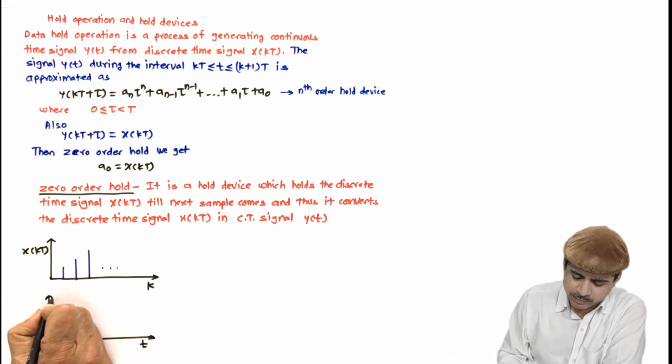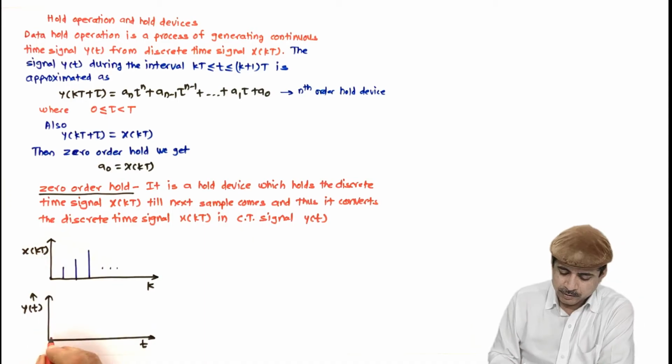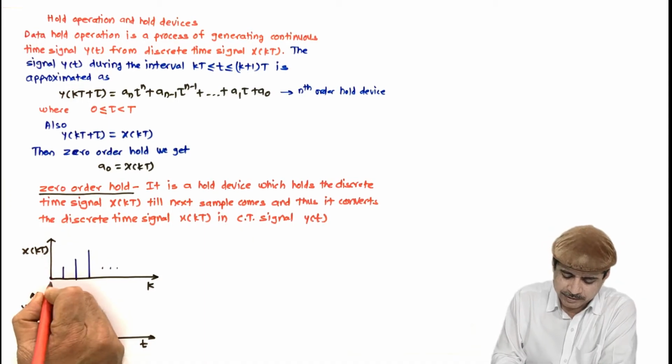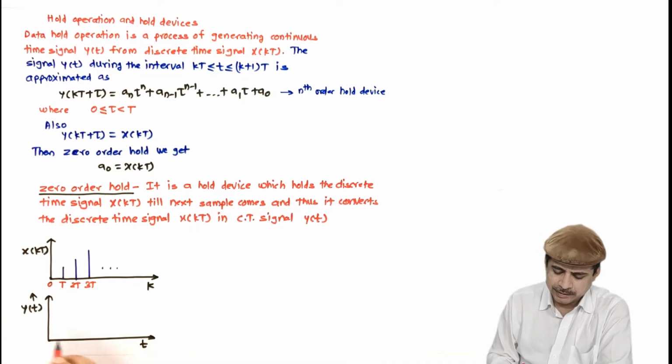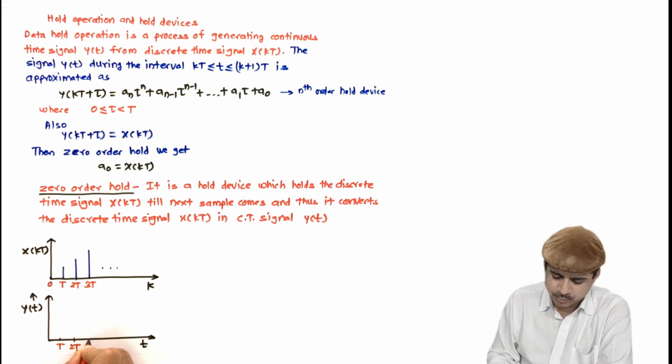If this signal is converted into continuous time signal y of t, then how? Initially it is having this sample, so let this be 0, let this be T, 2T and 3T.